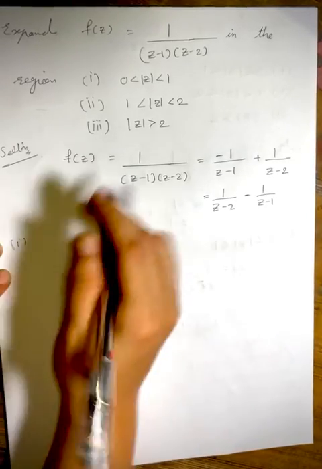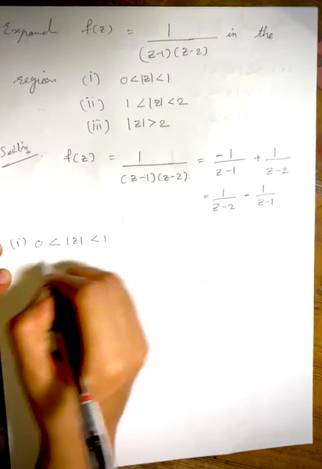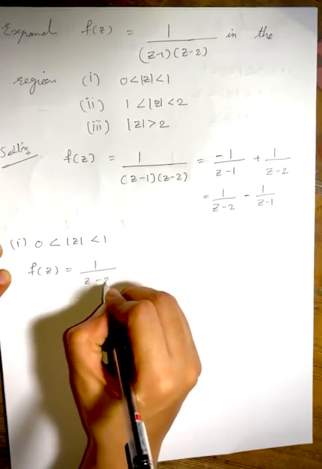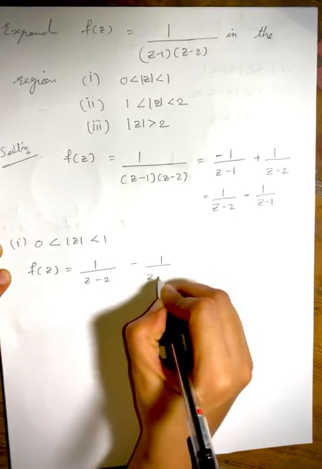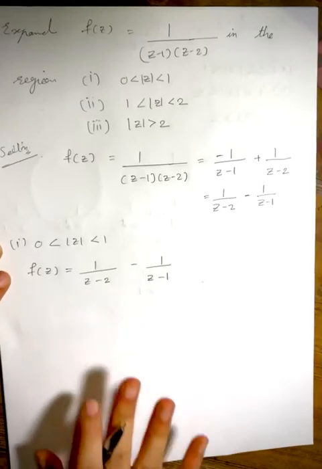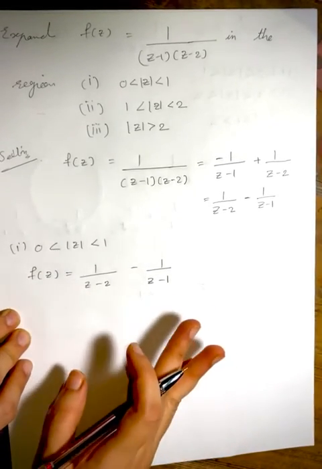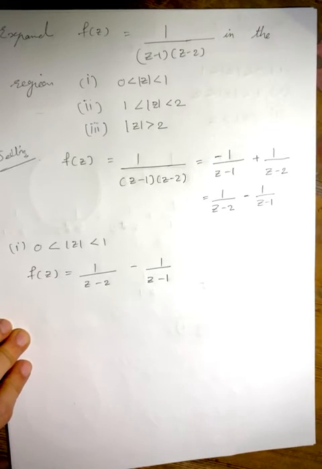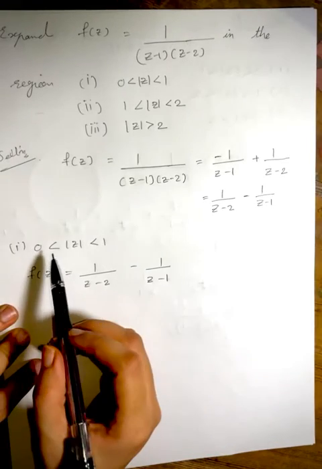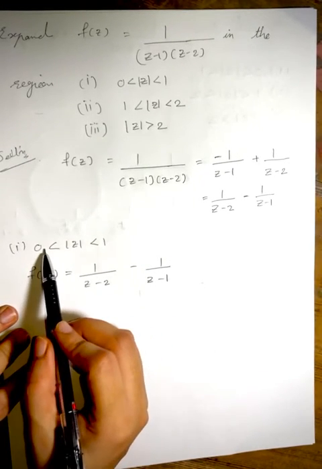Let's take the first region and see how to solve this. Now we are ready with our f of z as 1 upon z minus 2 minus 1 upon z minus 1. When solving series problems, we are going to use a couple of tricks, and the trick is this: take any value within this region.